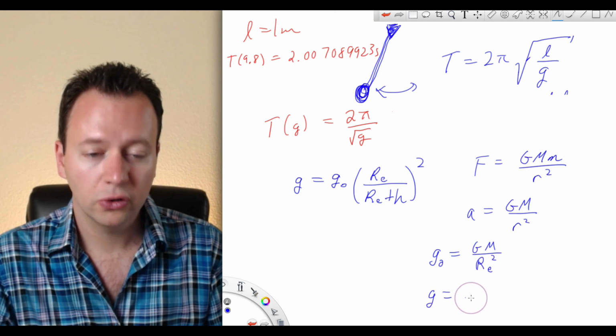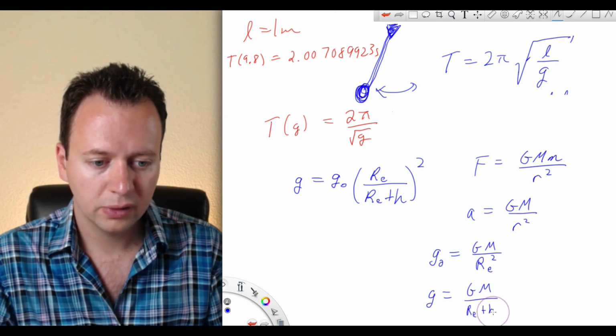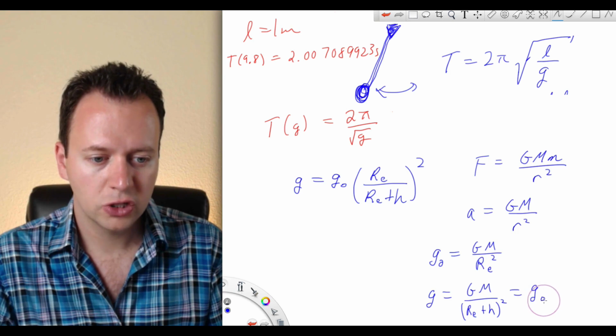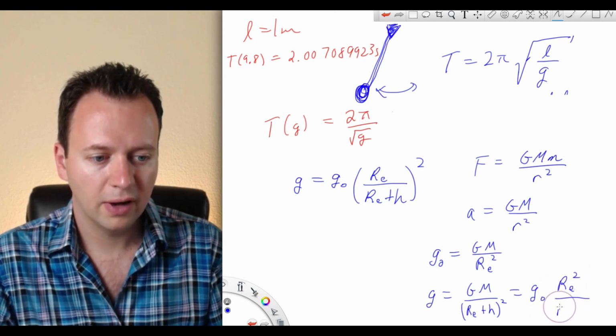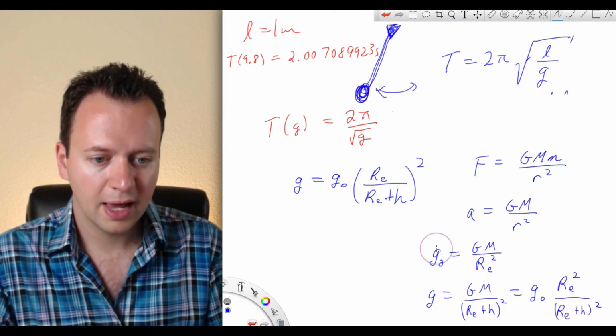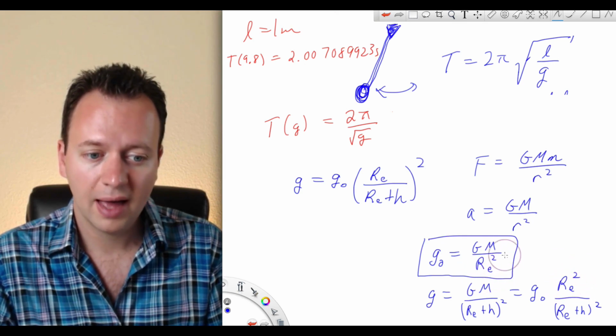But the gravitational acceleration at a height h is going to be GM over the radius of the Earth plus h squared, which is equal to the acceleration at sea level times the radius of the Earth squared divided by the radius of the Earth plus h squared. Right? Because when I multiply g at sea level, this equation, by the radius of the Earth squared, I'm going to cancel out that in the denominator.